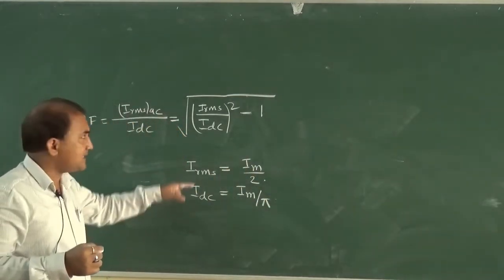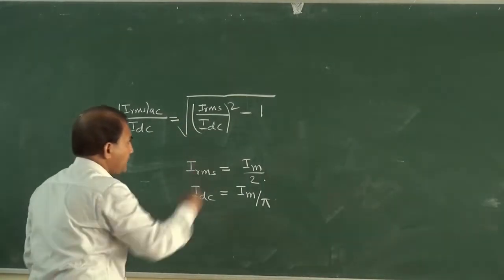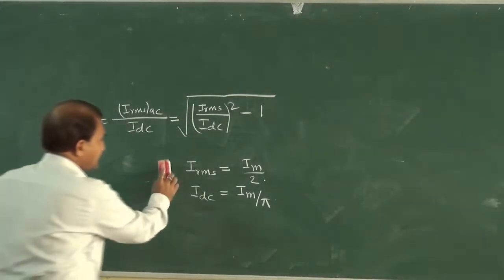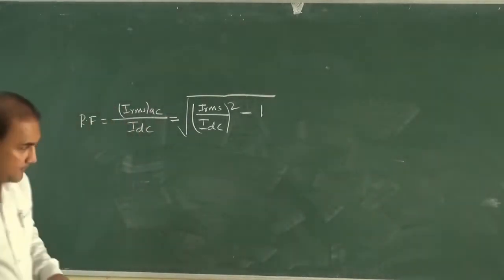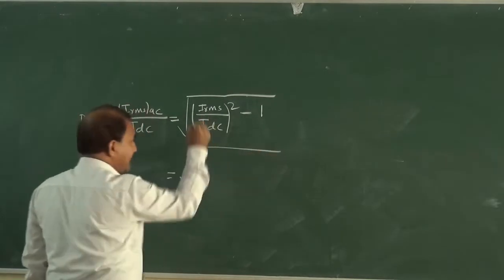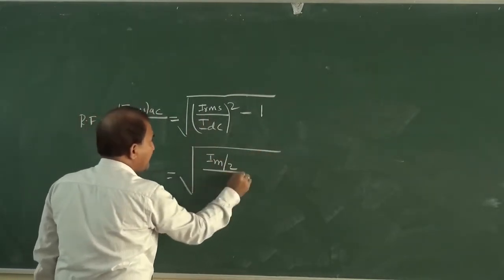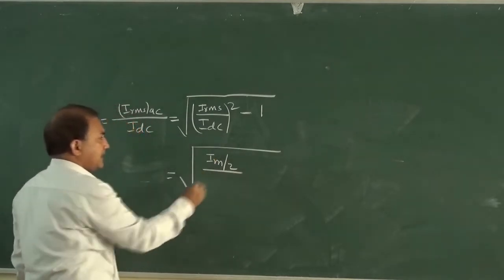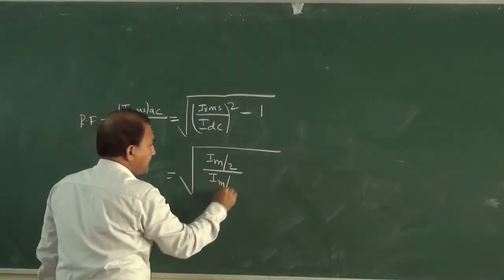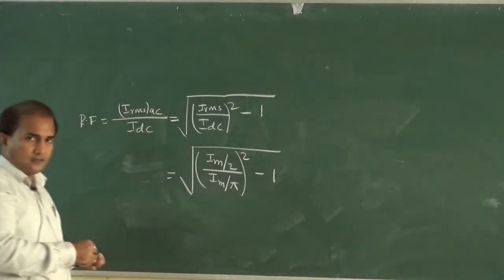Now we can substitute these values in this equation. So ripple factor is equal to the square root of, I RMS is Im by 2, divided by IDC, which is Im by pi, whole square, minus 1.